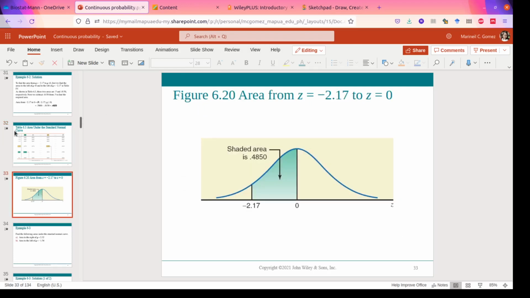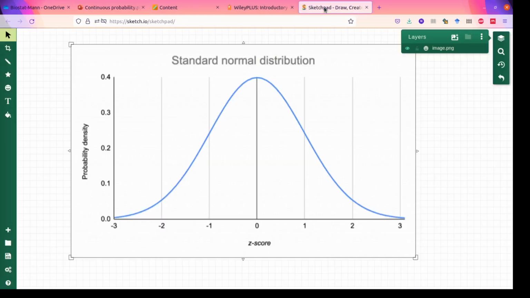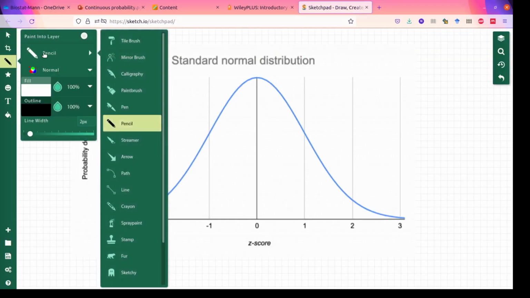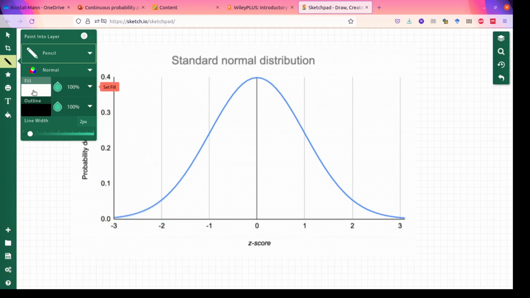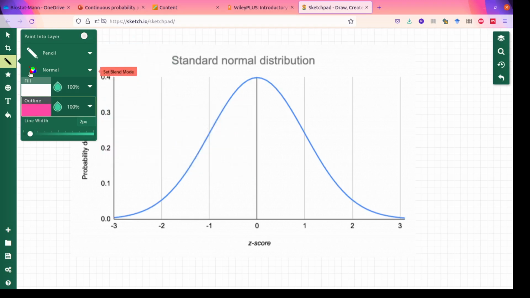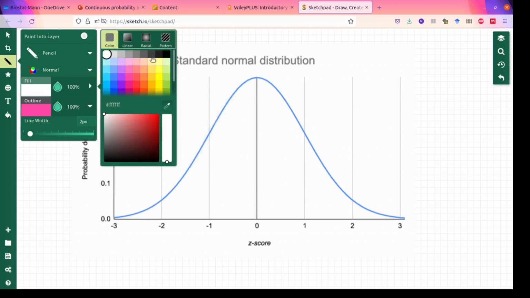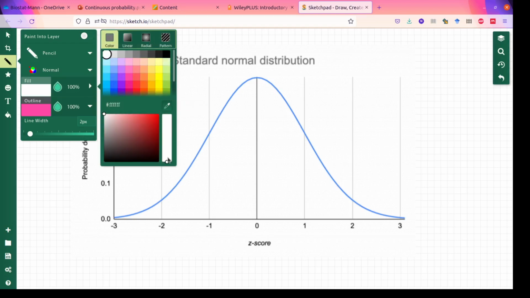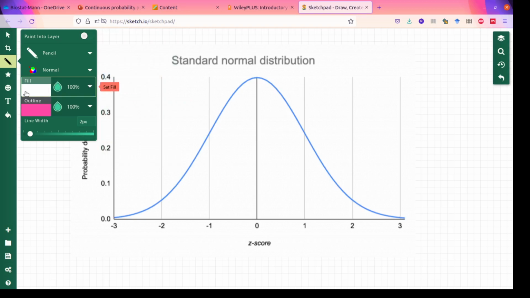To better visualize this, let's look at this sketch of your standard distribution. I'm going to create a fill, so let's change the color. Let's use pink, with no fill.